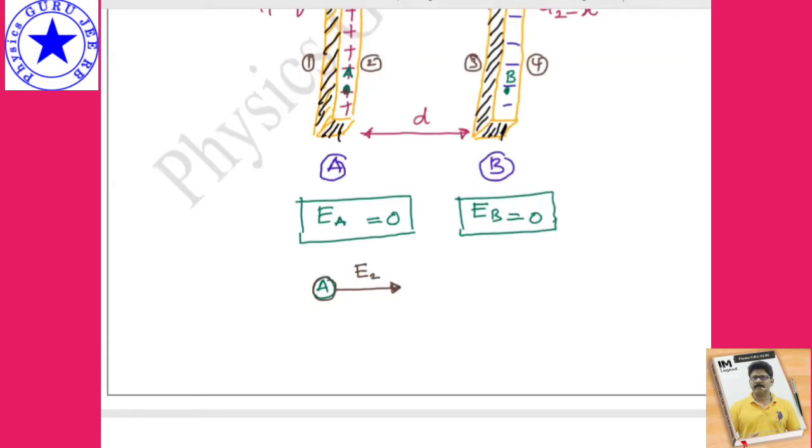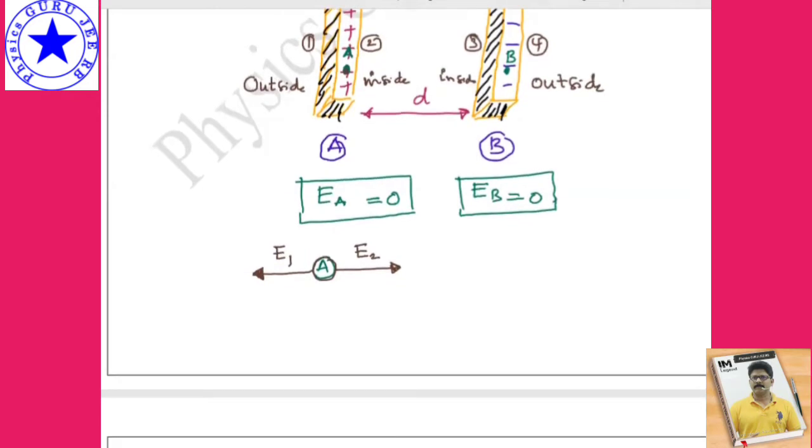Next, for the first plate, E1 is directed away from it. Here it is outside and here it is inside, the outside of the plates and the inside of the plates. So E1 is away from the positive charge and E2 is away from the positive charge.